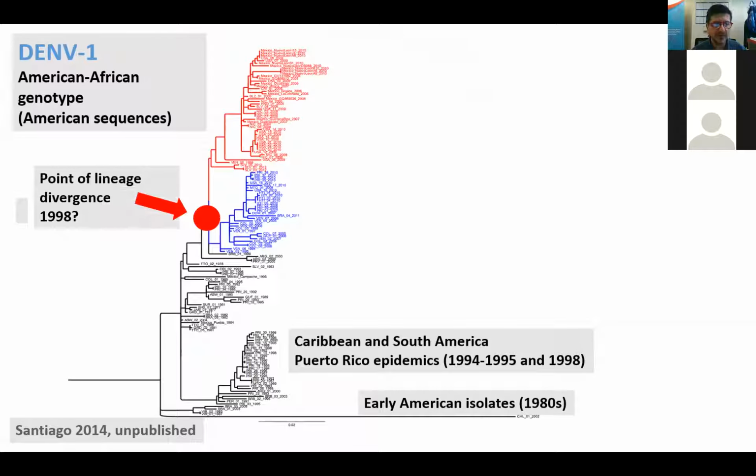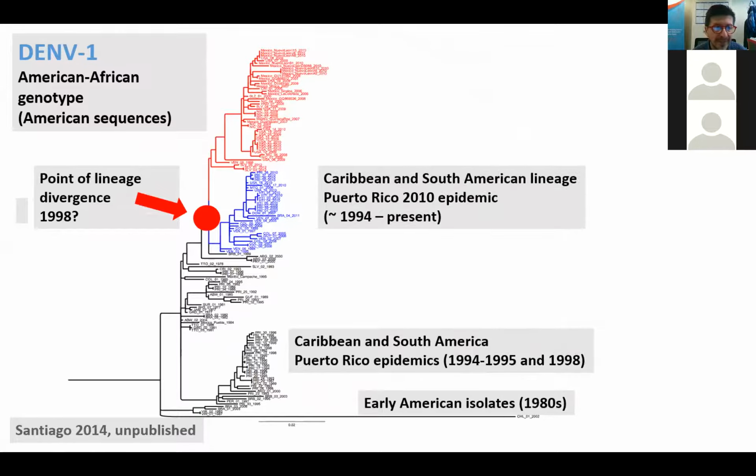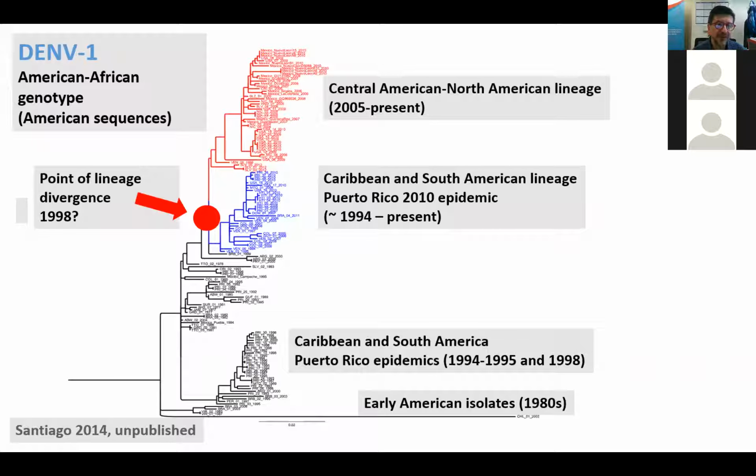And these are simply some studies that have been done by the CDC in Puerto Rico, where they found the divergence points of the different epidemics of dengue 1 in the region of the Americas. Here we have a lineage introduced and which has prevailed in Puerto Rico and in some sites in Central America and the Caribbean, compared to others which can be found mainly in Central America and North America, in Florida to be precise.